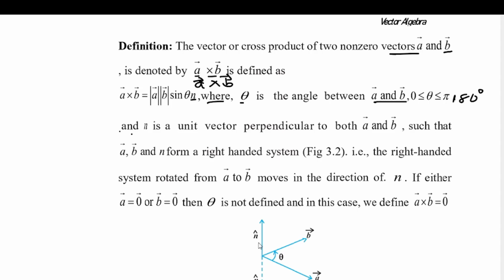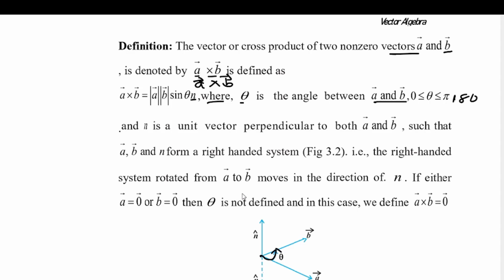As you can see clearly, we have our unit vector here, which is perpendicular to the two given vectors A and B. When we extend the line downwards here, we could see that the right-handed system is formed, rotating from A to B, and it moves in the direction of the unit vector, which is N.